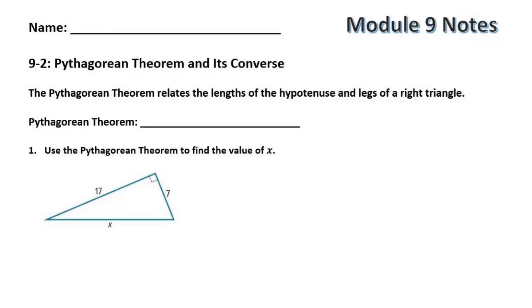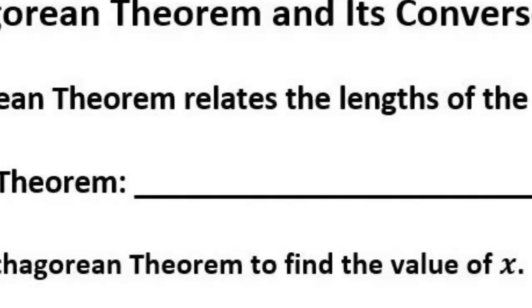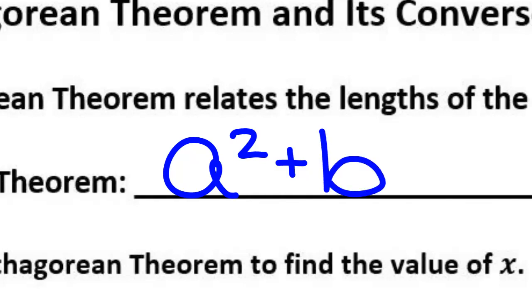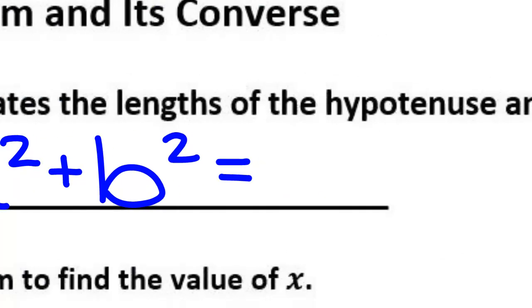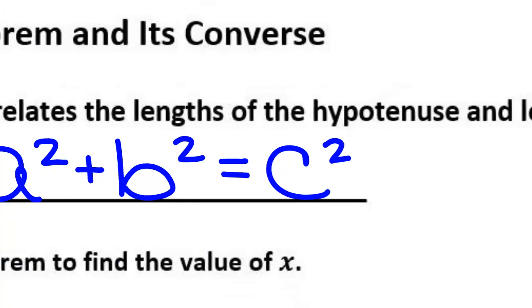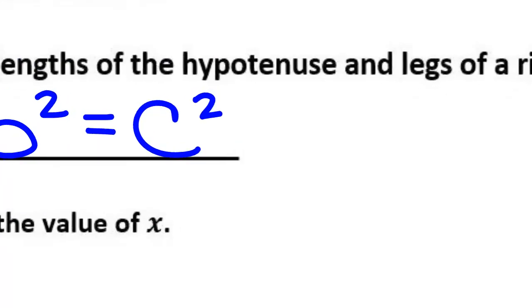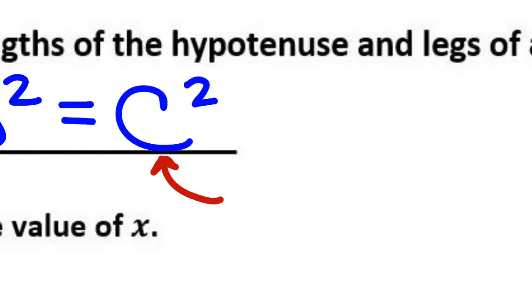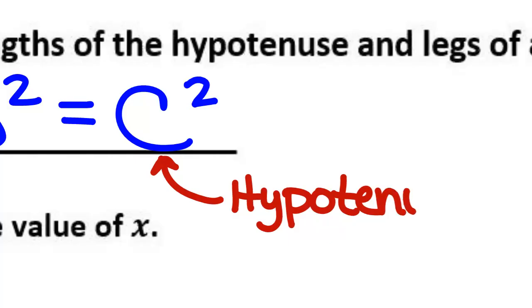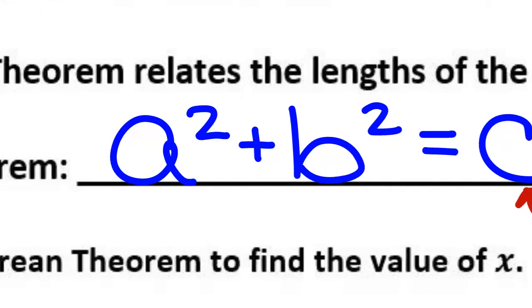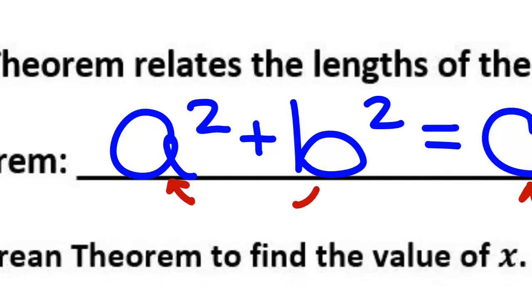The Pythagorean theorem relates the lengths of the hypotenuse and the legs of a right triangle. The Pythagorean theorem is a squared plus b squared equals c squared, where c has to be the hypotenuse, and a and b are both legs.